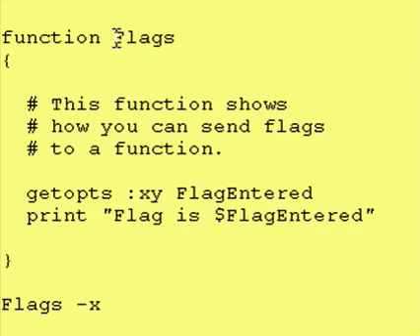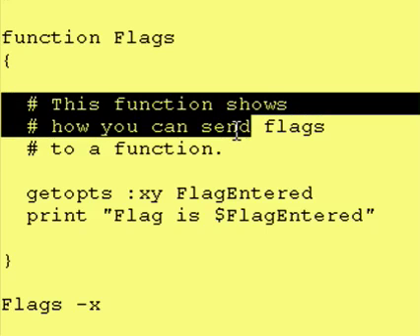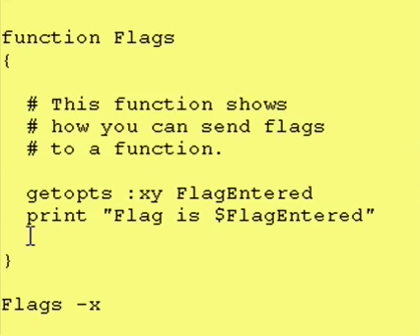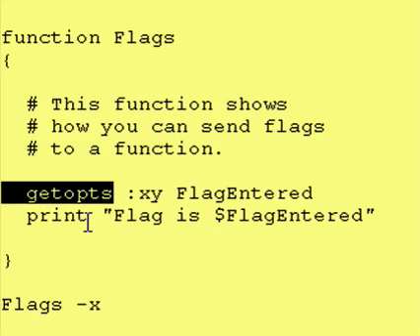So what's inside of flags? Well, just a brief description at the beginning. It says this function shows how you can send flags to a function. And then, here's where the magic is. If you remember, or if you review lesson 15, you will see that to process flags, you use the Korn Shell command getopts.